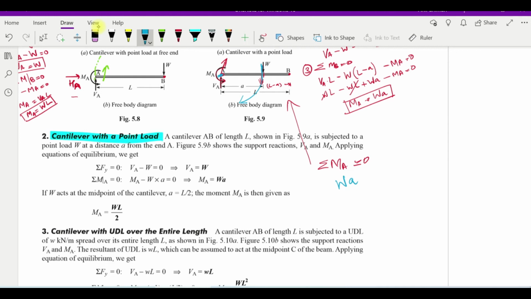VA into 0 will give 0, but MA will be there because it is already a moment, not a force. So we'll take into account the moment. This moment is anti-clockwise, so minus MA is equal to 0. It will directly give us MA is equal to WA. It is the same as what we received from the above equation.